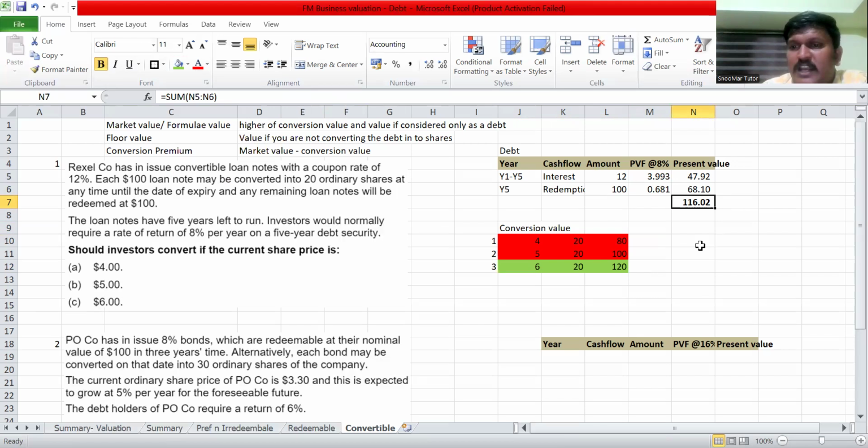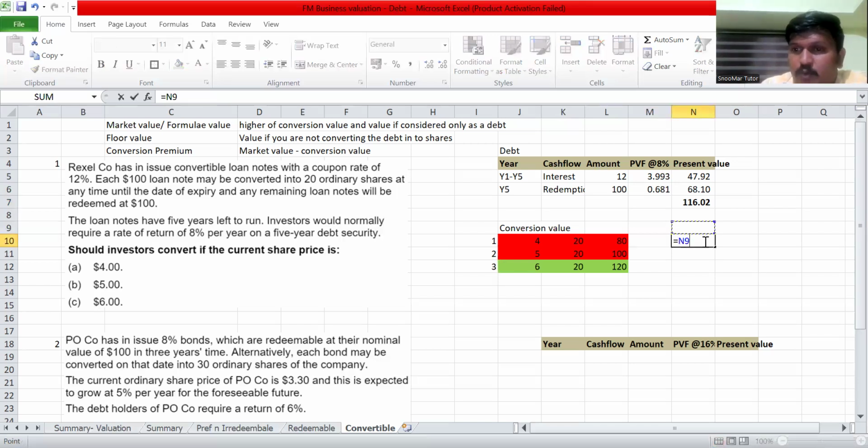Essentially, an equilibrium share price for conversion, where one would be looking at a no profit no loss situation, would be 116.02 divided by how many shares we are looking at. For every 100 of the loan note we can convert into 20 shares. So per share, 5.80 is the equilibrium price.